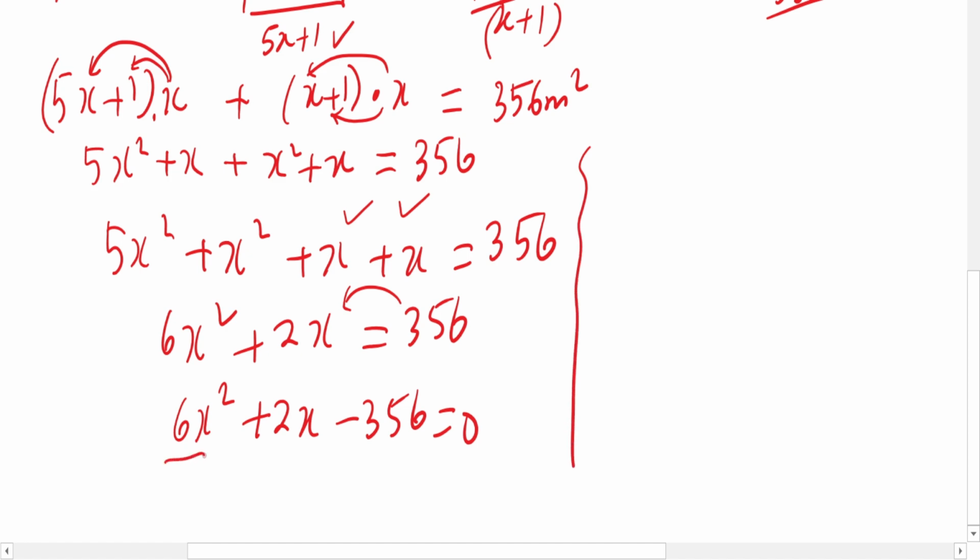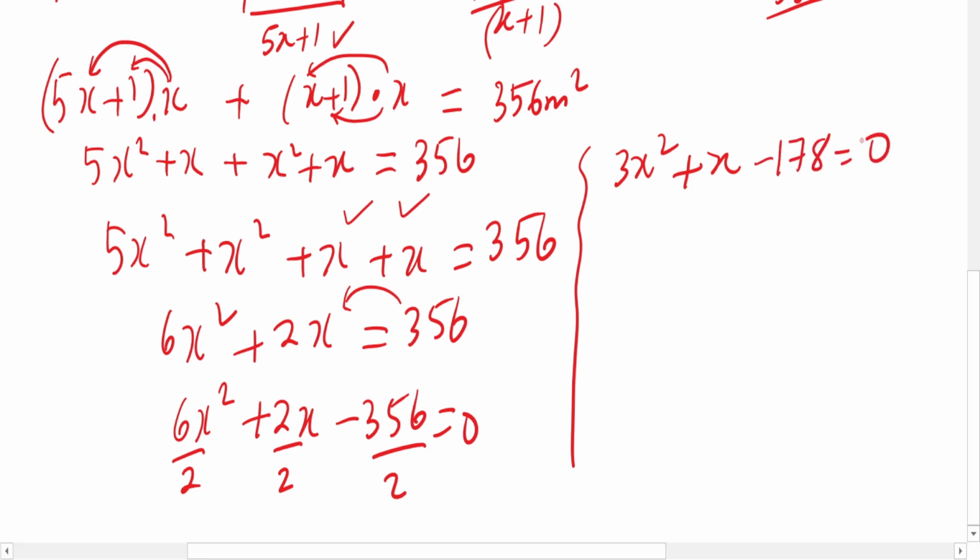Now obviously we could divide by 6, but it's going to give you fractions here. So let's divide by 2 instead: divide by 2, divide by 2, divide by 2. And therefore you're going to get 3x squared plus x minus 178 equal to 0, since 356 divided by 2 gives you minus 178.